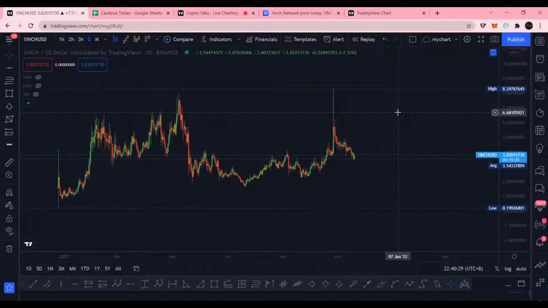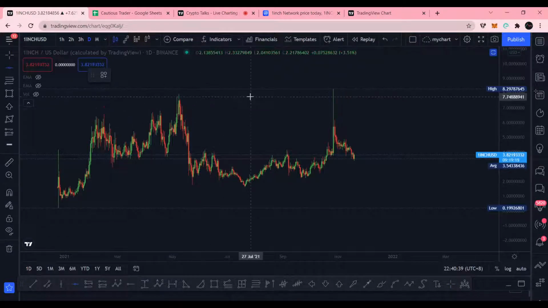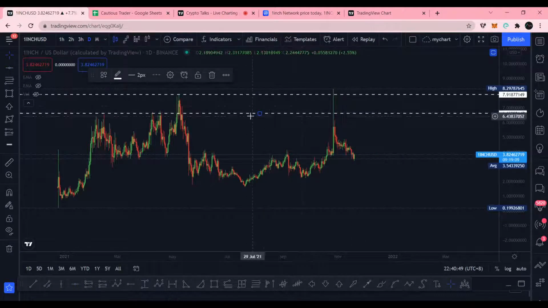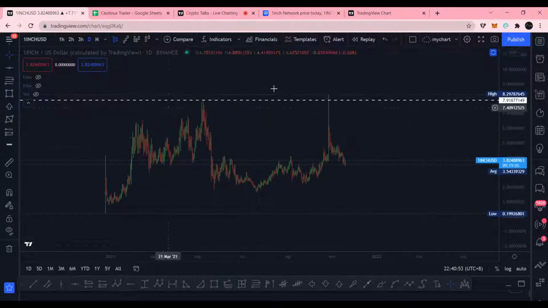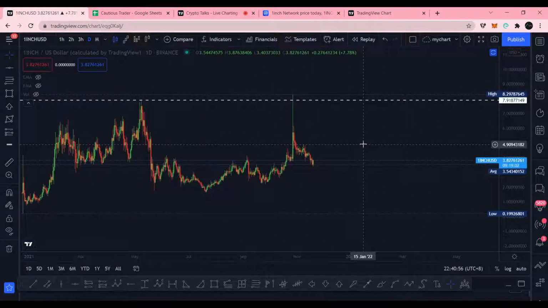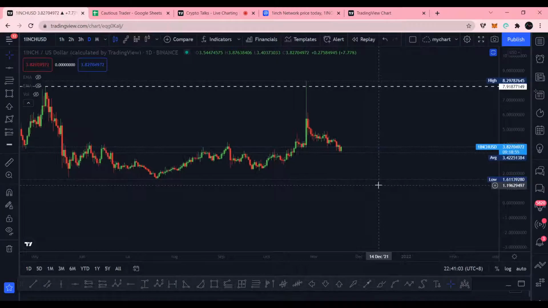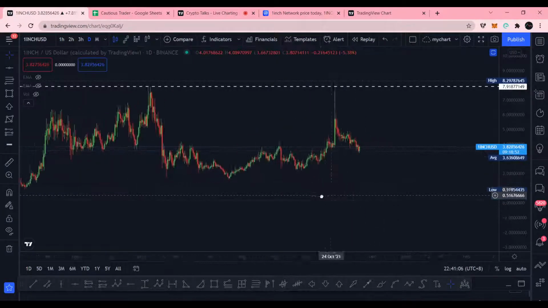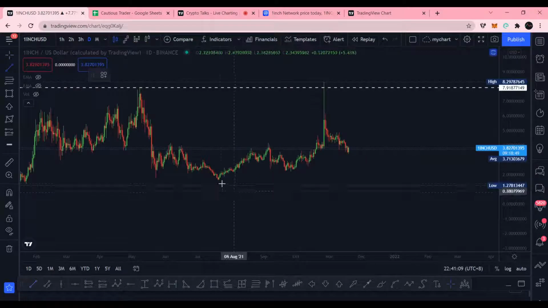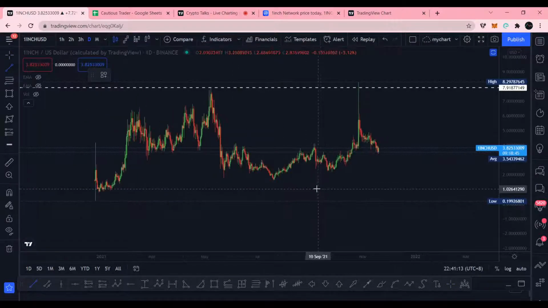So anyways, we'll use the horizontal line again, Alt H. So possible 791 as our resistance, and then for here, maybe let's try to use this one.